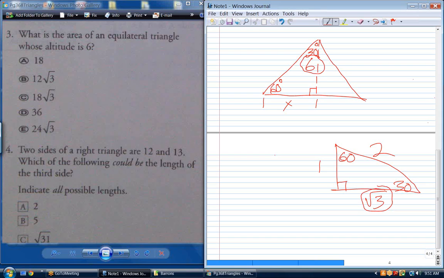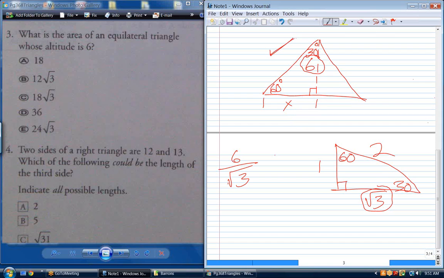Divide them to come up with the scalar ratio factor, the linear ratio factor. So it's going to be 6 divided by square root of 3. Correct. And then we're going to take that factor and multiply it by whatever side we're trying to figure out. We're most directly going to figure out x, but once we figure out x, we'll have the base.